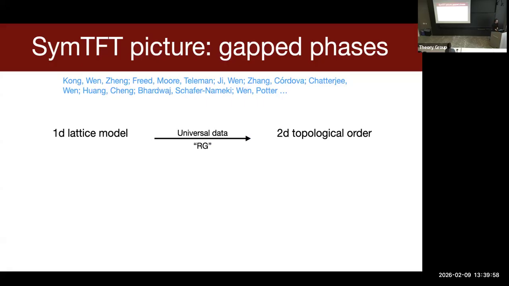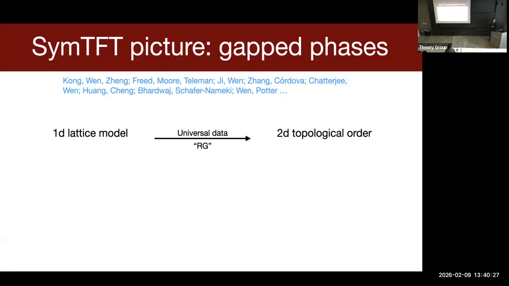The goal, one might say, of this SymTFT picture is to extract what the universal data of a 1D lattice model is. And the claim of this SymTFT picture is that the universal data of a 1+1D G symmetric spin chain is encoded in the properties of a two-dimensional topological order.